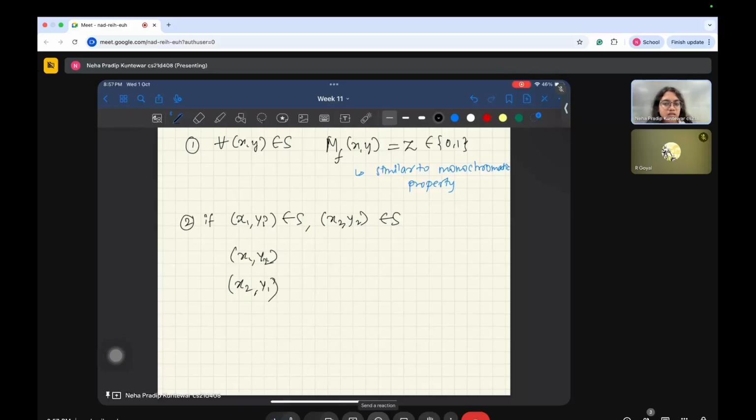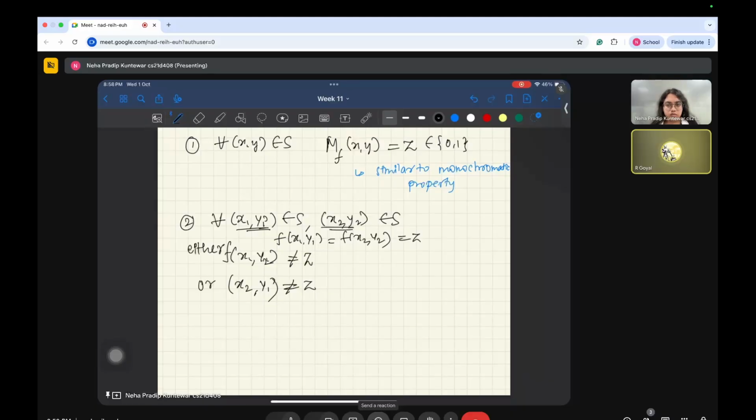But now what the fooling set says is that if this happens, then either this should not be in the set or this should not be in the set. By the previous property we know that f of x1 y1 is equal to f of x2 y2, because all the elements in the set S compute the same value.